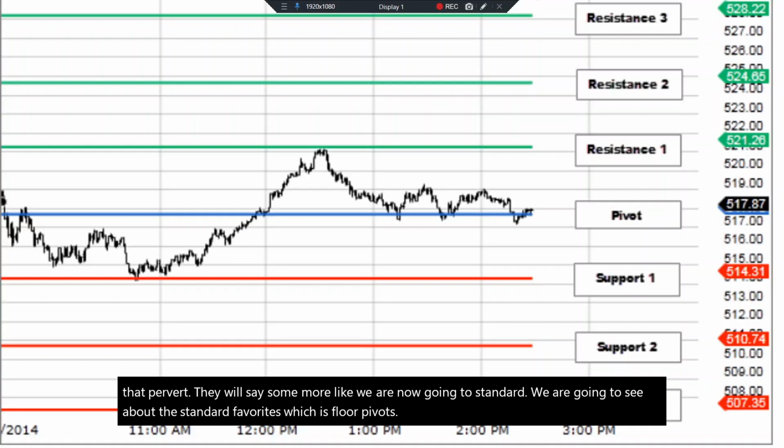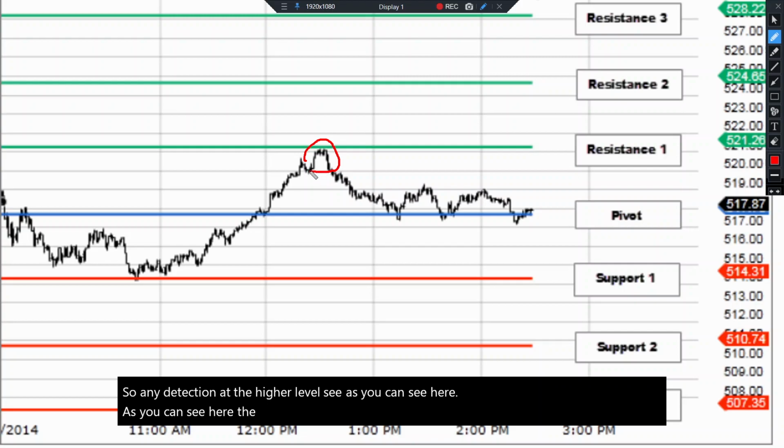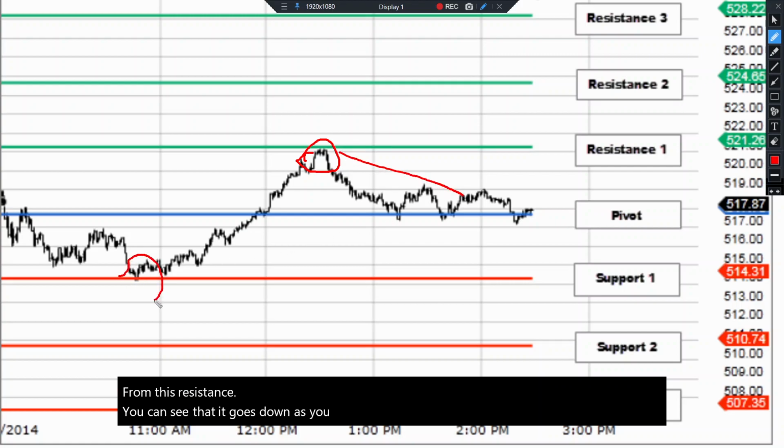So any rejection at the higher level, as you can see here, the price is rejected from this resistance. You can see then it goes down. As you can see, the price is reversed from the support, it goes up.